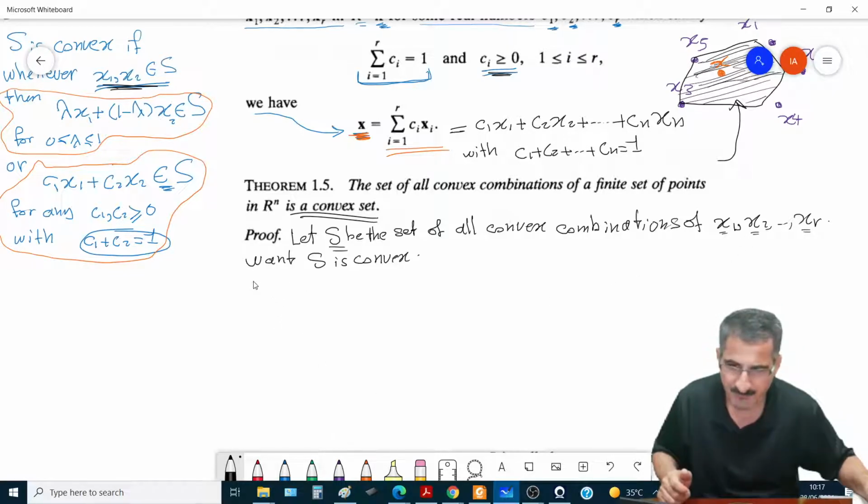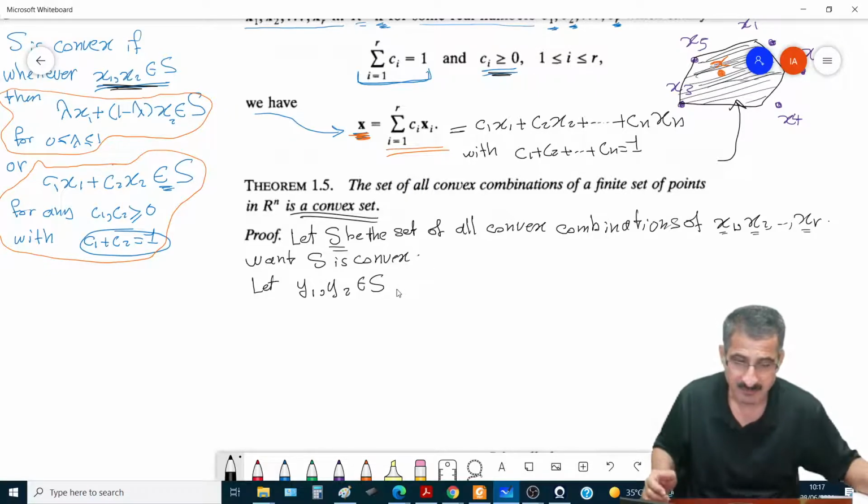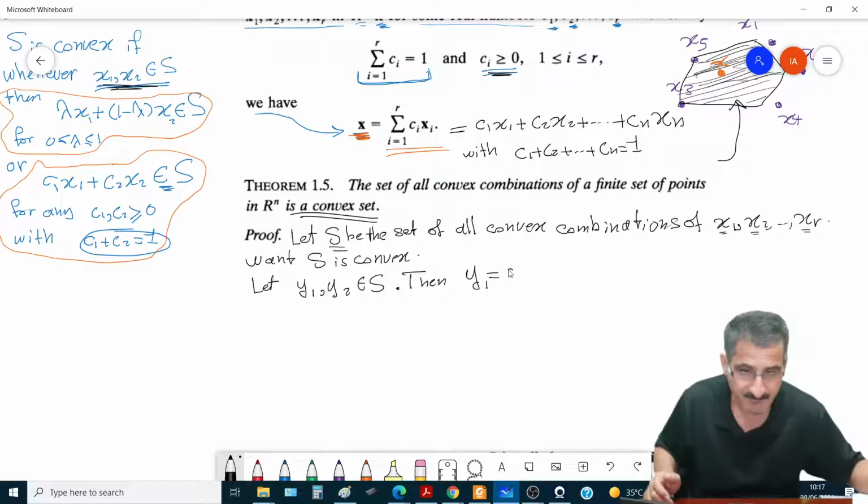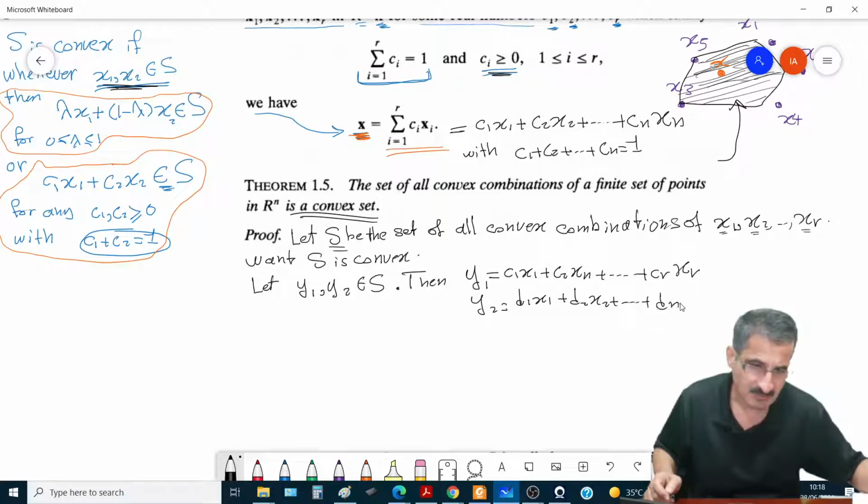So let's call them y1, y2 belonging to S. Each one of these is in S, so y1 is a convex combination of these x's, say c1 x1 and so on, and y2 is a convex combination, say d1 x1 plus d2 x2 up to dn xn.